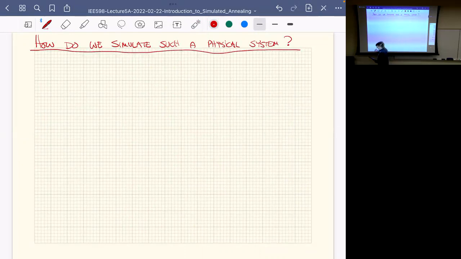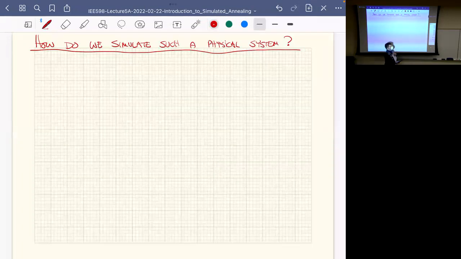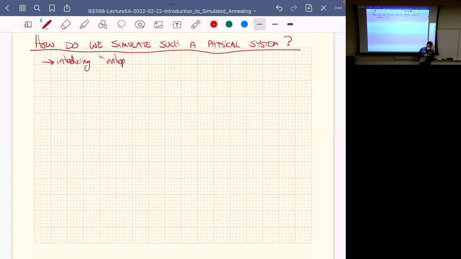So we're going to be introducing this concept of entropy, which is a statistical perspective on understanding how systems that are thermally agitated evolve over time.